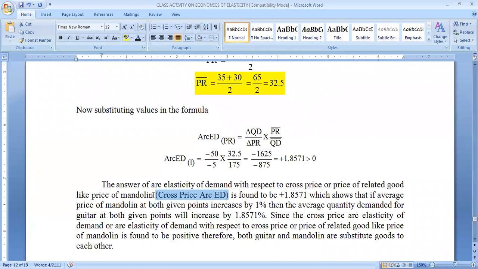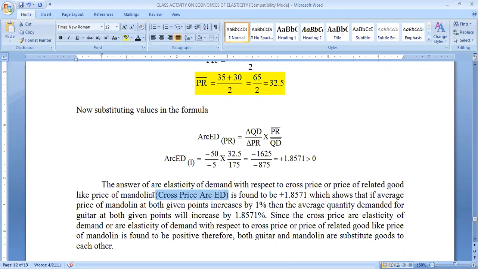Since the cross price arc elasticity of demand with respect to price of related good like price of Madeline is found to be positive, therefore both guitar and Madeline are substitute goods to each other.